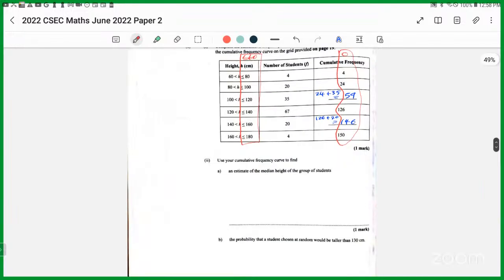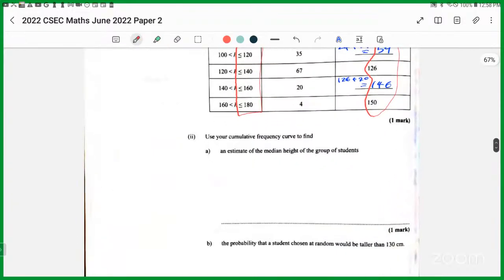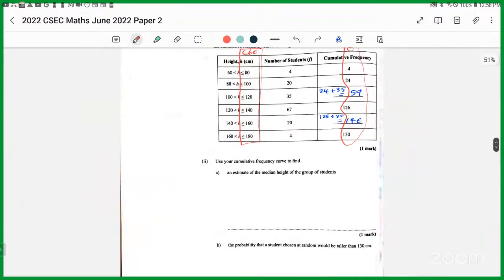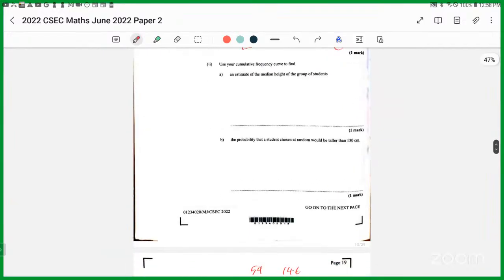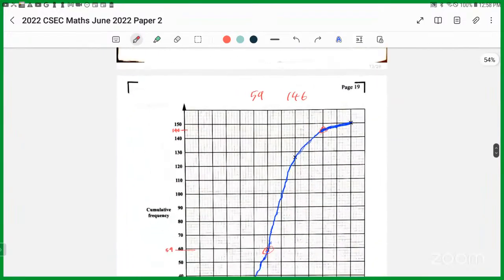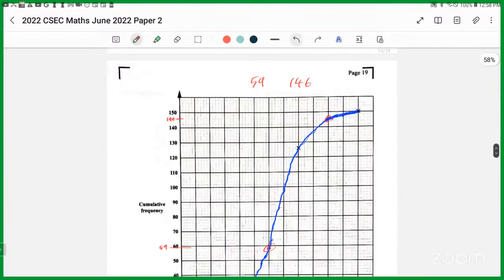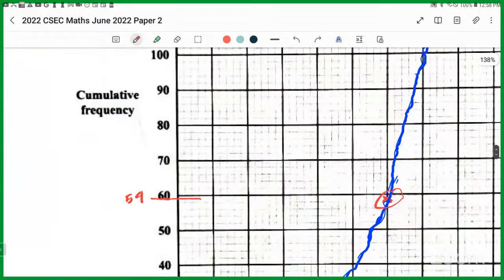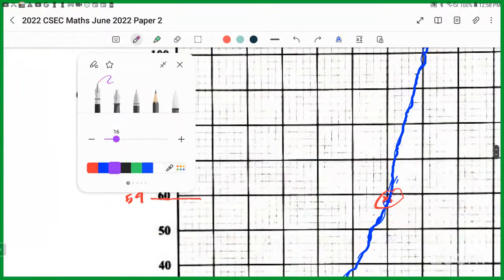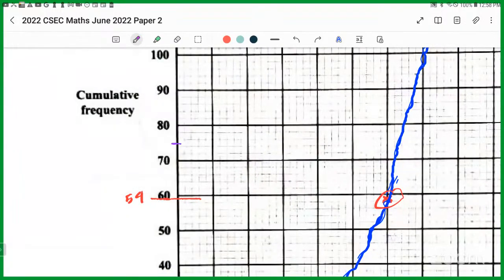What else I want to say is, it says, use your cumulative frequency graph to find an estimate of the median height. How many students are there again? 150. So the median height corresponds to the height of the 75th student. Half of 150 is 75. So 75 would be right here.